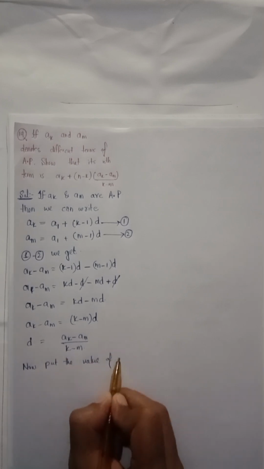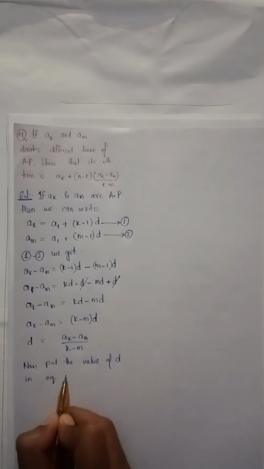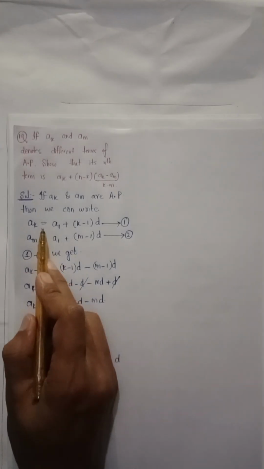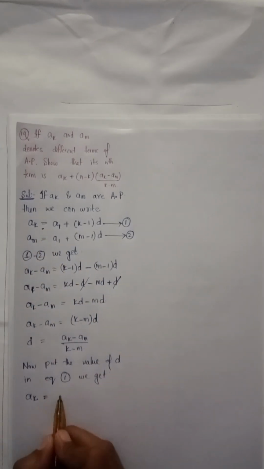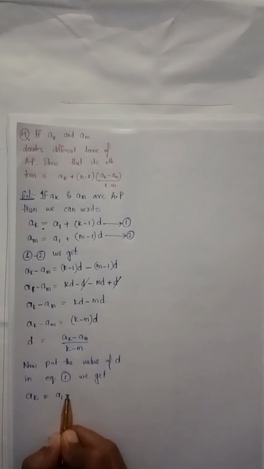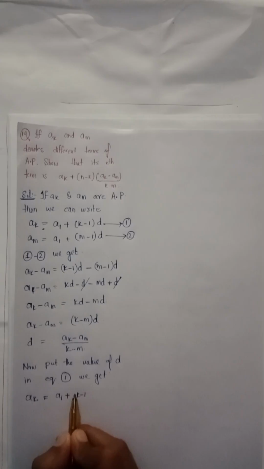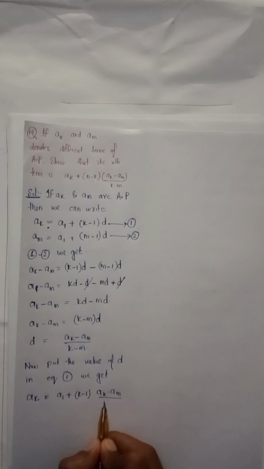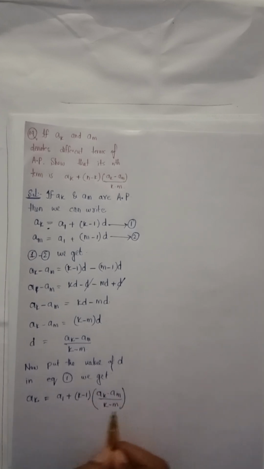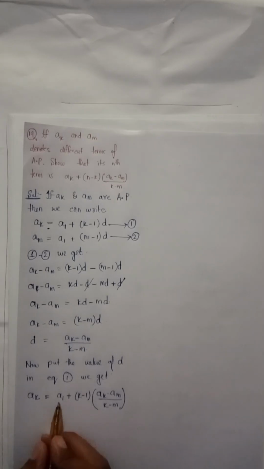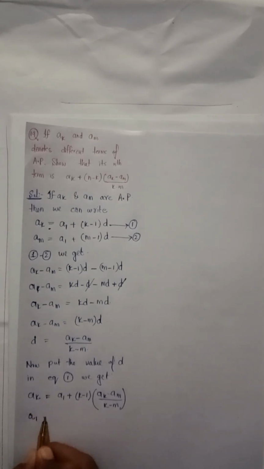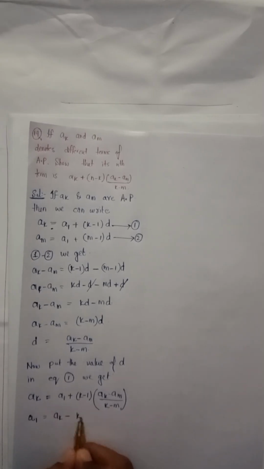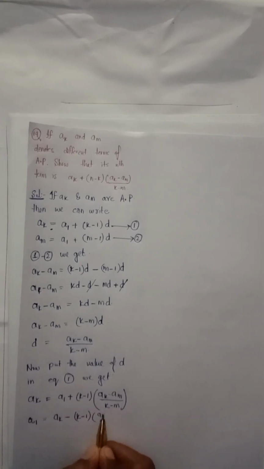We get ak. This equation number 1 becomes a1 plus (k minus 1) into (ak minus am) over (k minus m), and by rearranging this, a1 can be written in this form: ak minus (k minus 1) into (ak minus am) over (k minus m).